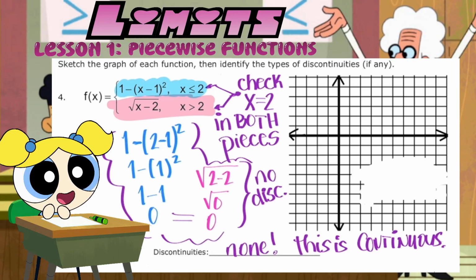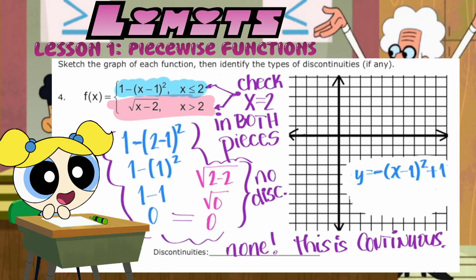Let's write it over here and give myself a little space. So the blue one, you could think of it as y equals negative quantity of x minus 1 squared plus 1. I just turned it around so you could see a little bit better.